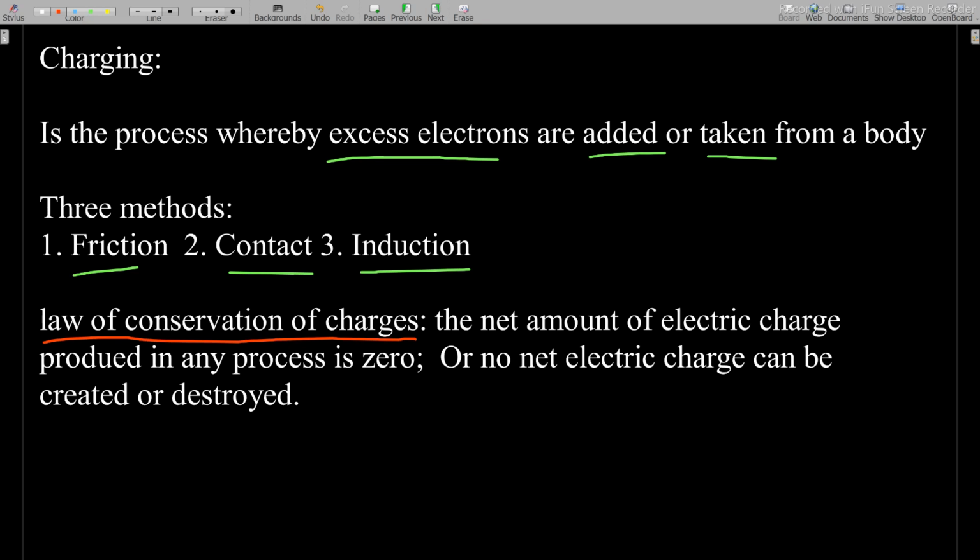If I pass through all these processes, friction, contact, induction, after the charging process, the net amount of electric charge present is zero. No net electric charge can be created or destroyed. Alright, so let's start with friction and talk about friction.